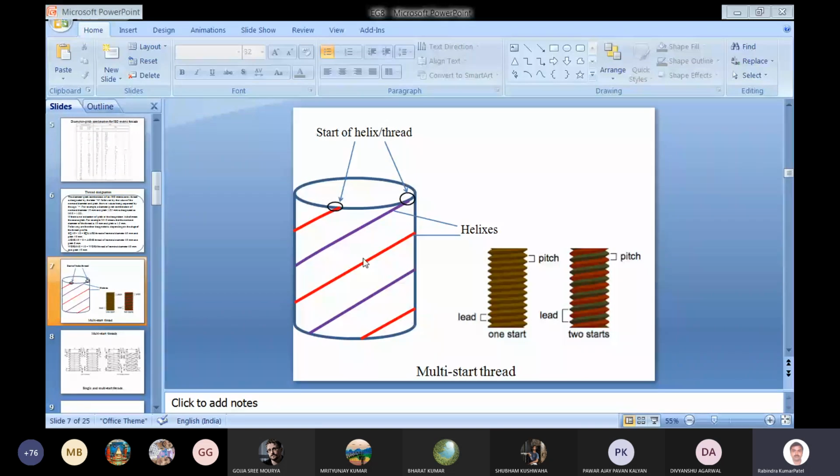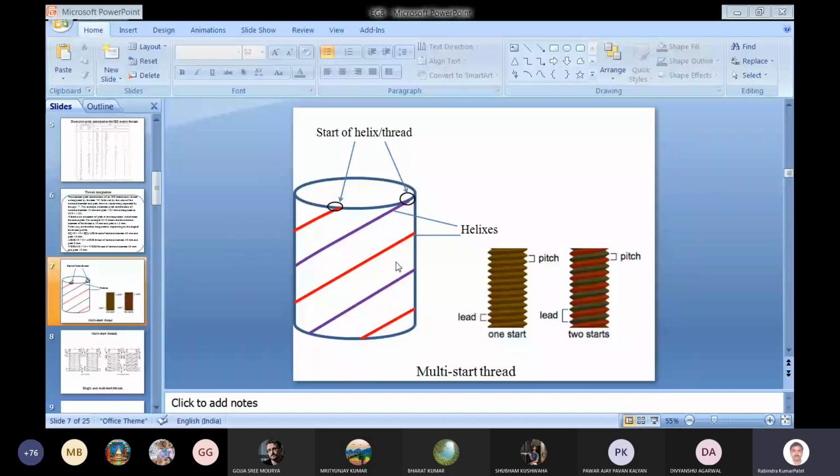The helices are starting from some point, like here from one point and from here another point. So two helices are there, one red, the other purple. So we can say that two threads are starting from this top.